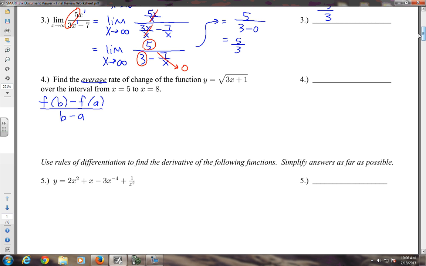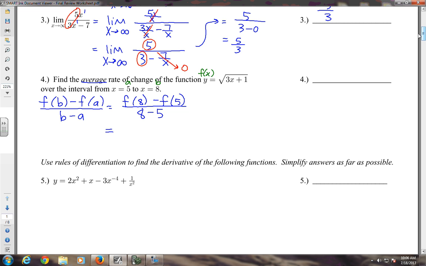So let's identify a and b. The first value given is a, the second value given is b, and our function, f of x, is this root function. So we need to calculate f of 8 minus f of 5 divided by 8 minus 5.